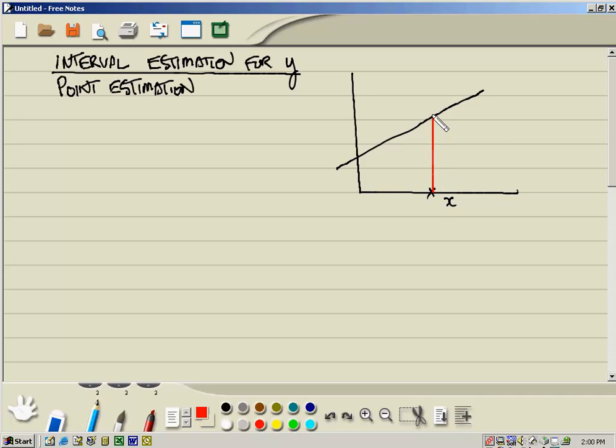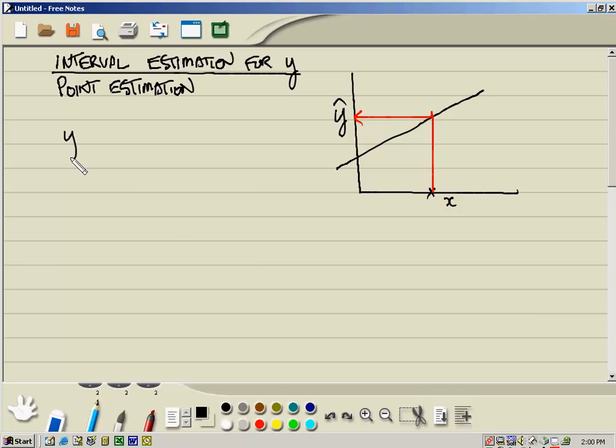So what we'll do essentially is to go up to the line, straight up, and then across to the y-axis, and this then will be the estimate of y.